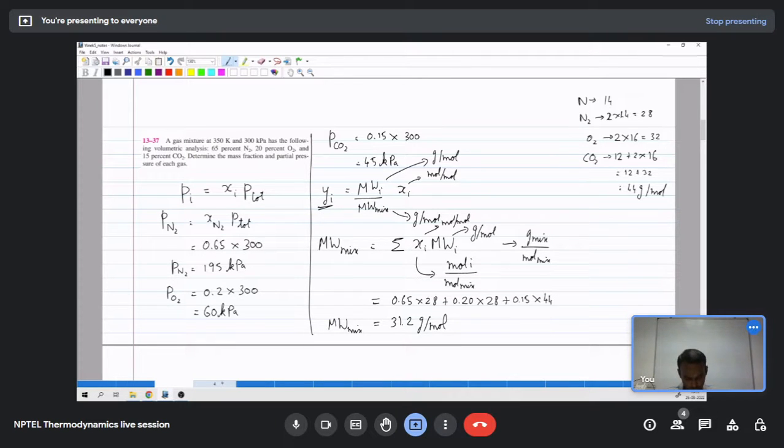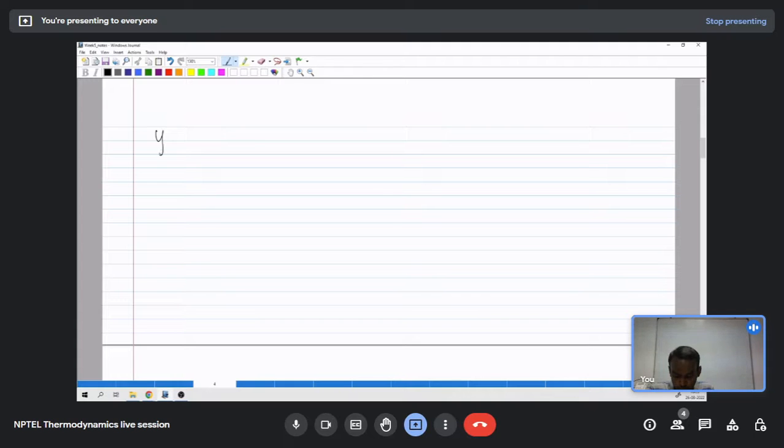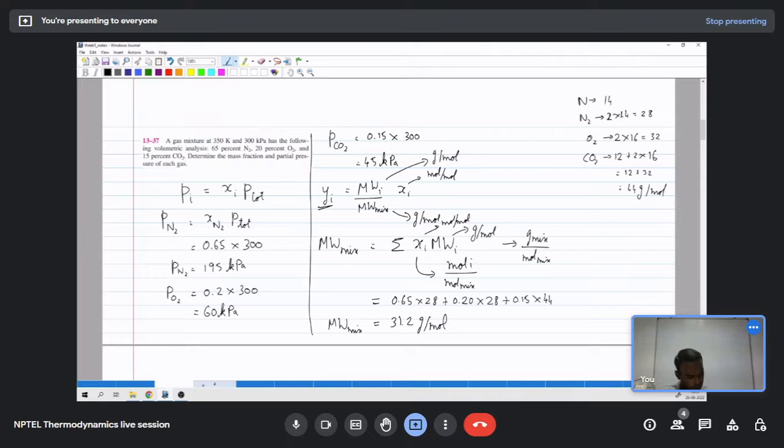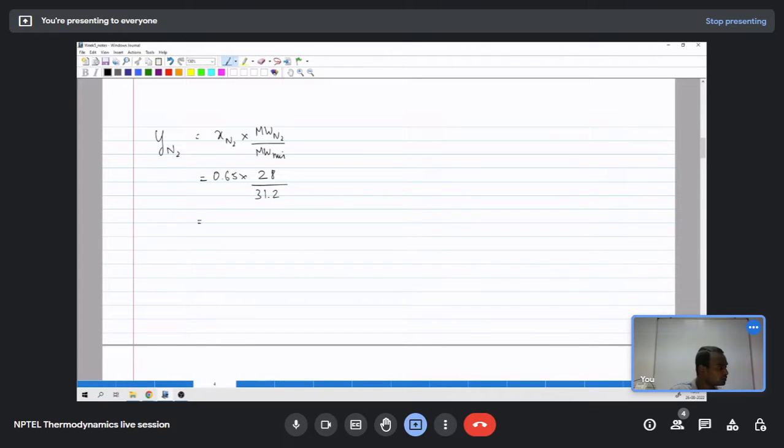Mass fraction is given by Y. Y of N2 is X of N2 into molecular weight of N2 divided by molecular weight of mixture, which is 0.65 into molecular weight of nitrogen 28, molecular weight of mixture is 31.2 if I'm not wrong. So this is 0.583 or 58.3%.